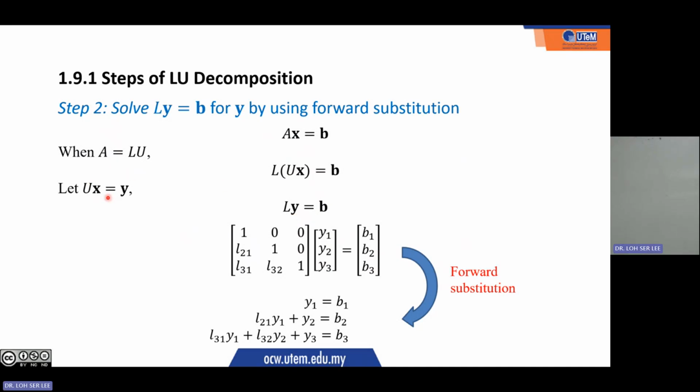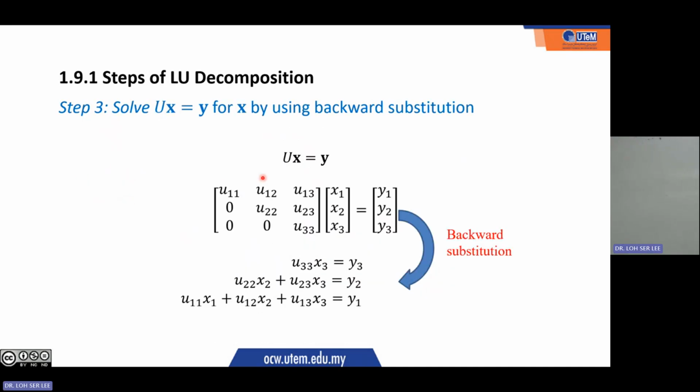Then we will go back to this UX equals to Y. You know what is your U, and you know the values of Y1, Y2, Y3. Now we solve for X. This is X1, X2, and X3. For this one, we will use backward substitution, where we start from the last row, we have U33 X3 equals to Y3.